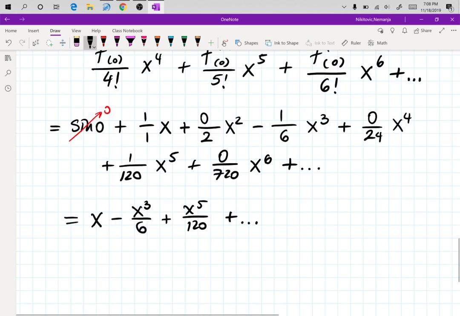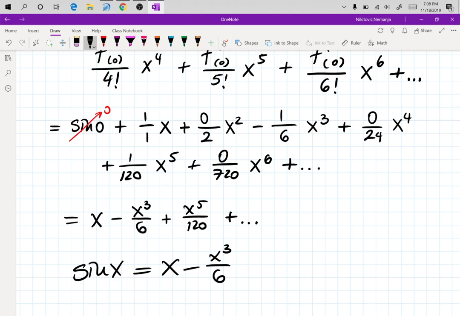So what we just got is that sine x can be written as x minus x cubed over 6 plus x to the 5 over 120 plus dot, dot, dot, going forever. Ooh. We just replaced sine with the polynomial.